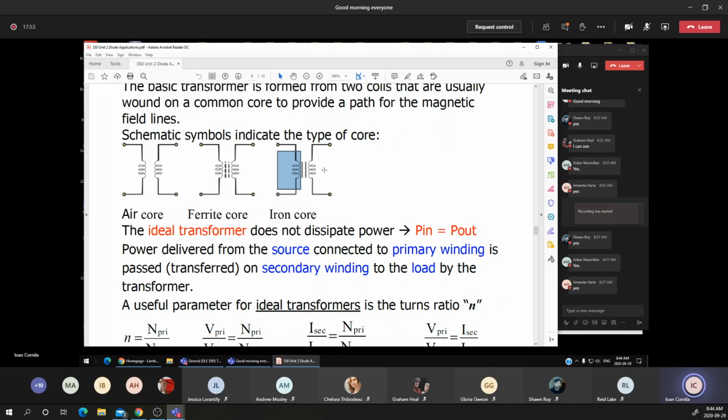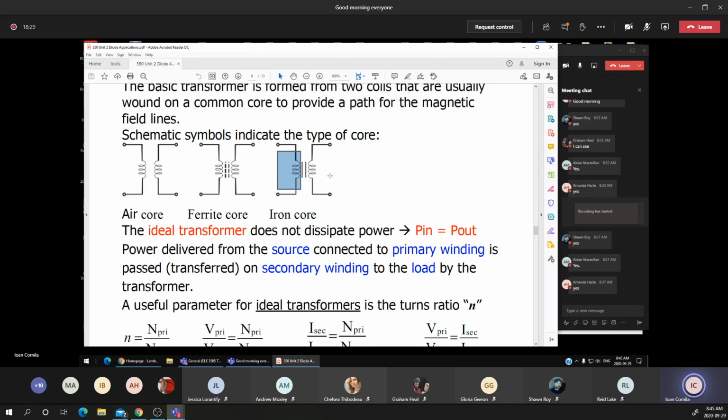It's usually used in AC applications or in high frequency DC digital logic, but it has to be a variable voltage source that is applied to one of the two windings, which is actually the primary winding. Remember that being an ideal transformer, what a transformer does, it will transfer, that's why it's called a transformer. It will transfer the energy from one coil into the other coil.